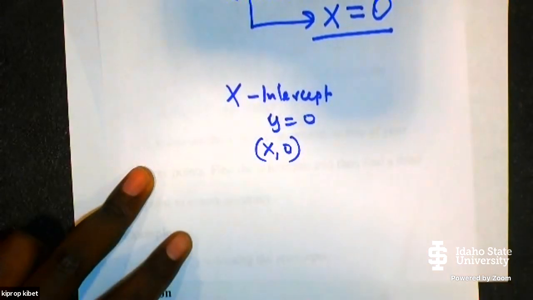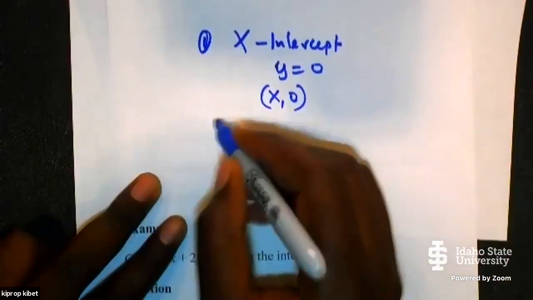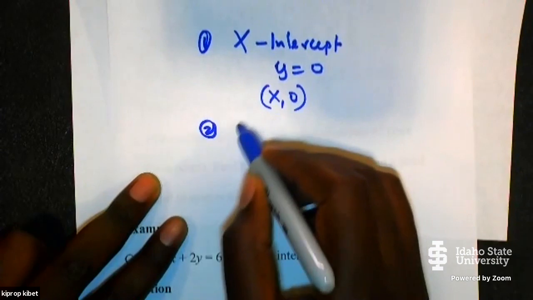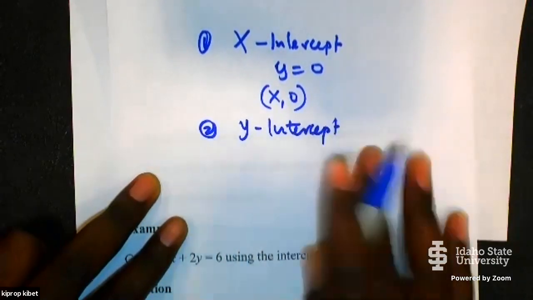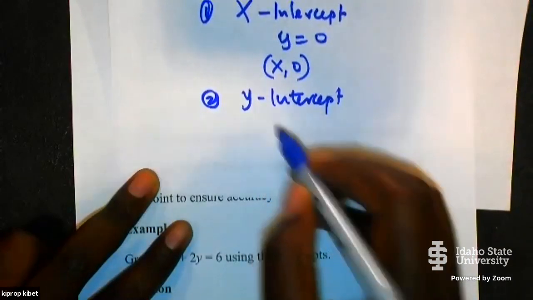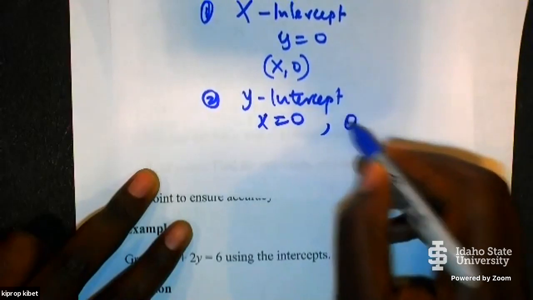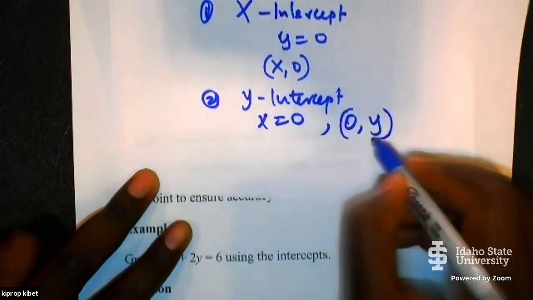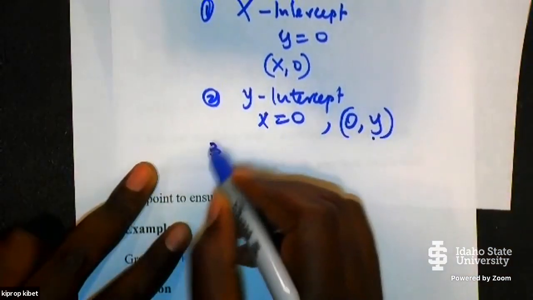That one is 1 point. Another one is to get the y-intercept, where you let x be equal to 0, and this point will be (0, y). And then you get the third point.